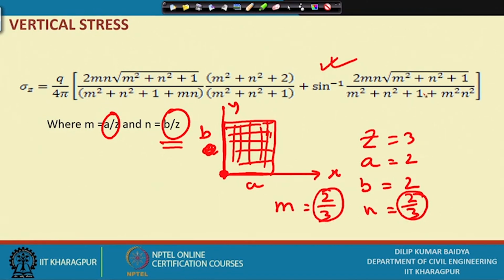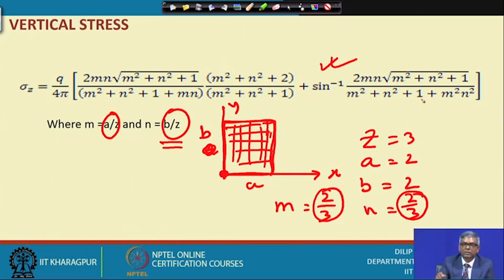Once you calculate, then what you will get? I will get the entire area of the footing with dimensions a and b when loaded with intensity small q, at 2 meter or 3 meter depth. I will get the intensity if I use this value in this expression and get the stress. So, this is a very useful formula.